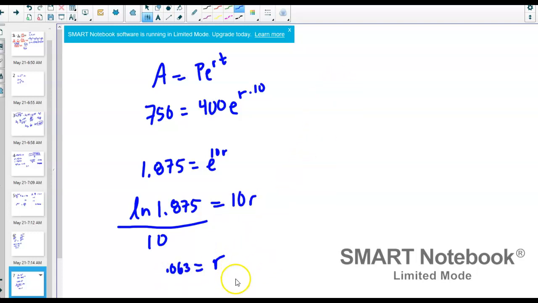And so then we want to know what it is when we get back the next morning at 8. So that means we've had 24 hours pass. So I want to know the ending amount now when my time, so I know my rate is 0.063 and the time would be 24 hours. So I want to know that ending amount at that point in time. I'm just going to use that whole number there.